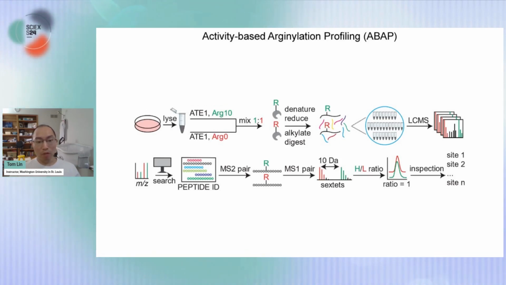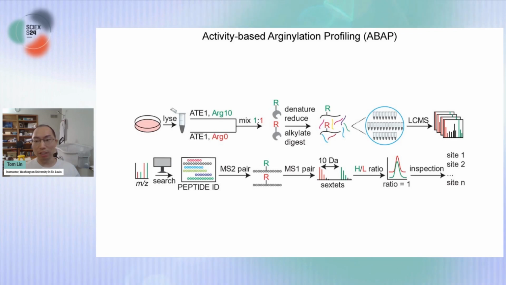So over the past 3 years, I have established an unbiased workflow to discover arginylation sites from the ATE1 assay. Using the ATE1 assay, we use ATE1 to install arginine 10 and arginine 0 separately to the same proteome from the cell lysate, and then we mix them.